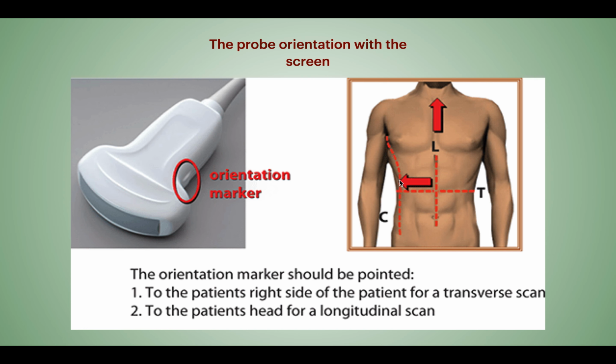If you are going to put the probe vertically, you have to make the marker look at the patient's head side. If you use it for a transverse scan, you have to make the marker look at the right side of the patient. So the two famous scan planes are the sagittal plane and the transverse plane.